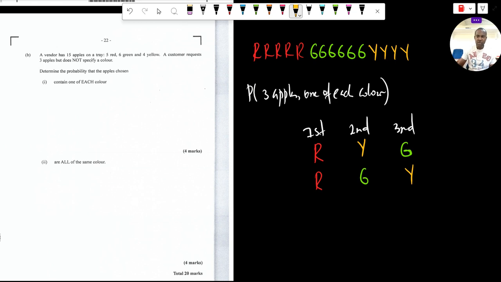So let's look at the case now where the first apple chosen is green. If the first apple chosen is green, then we can have a case where the second is yellow, and of course the third is red, right? Next possible option where the first is green, then those two can be interchanged. The second apple can be red, and the third apple, of course, can be yellow.